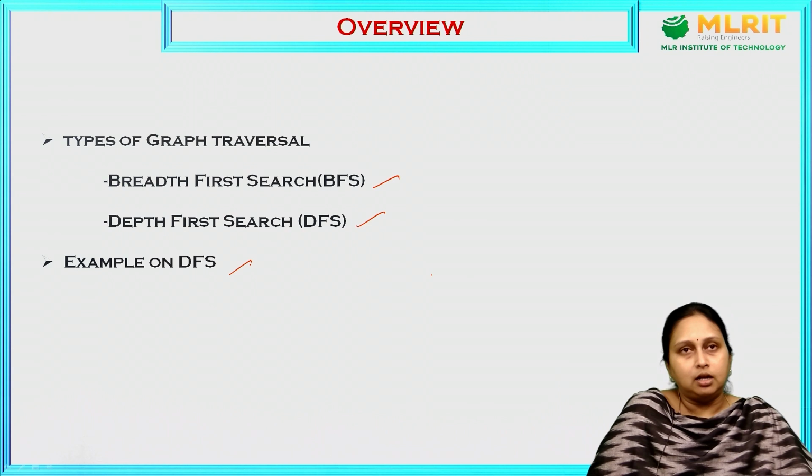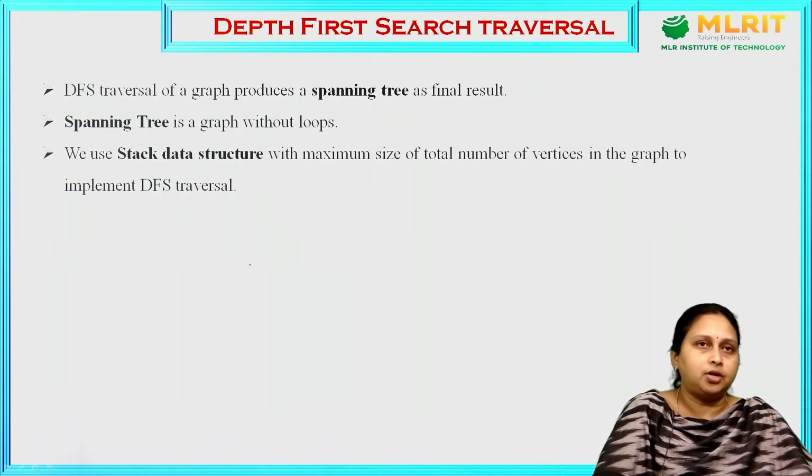Okay, let us see what we are going to have in DFS. It is similar to BFS, but it differs a little bit from BFS. What is the difference? That we will see here.